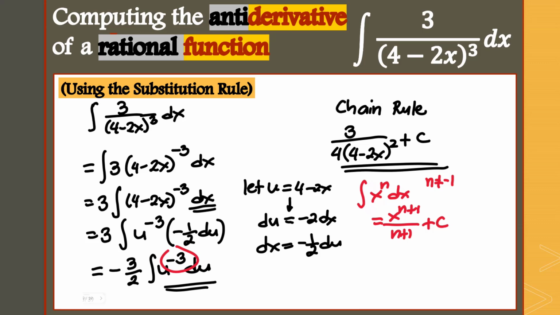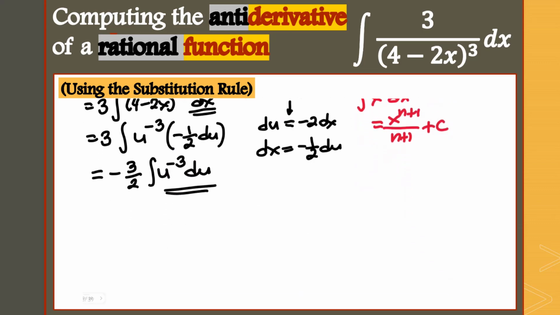It's negative 3 here. So using that, to continue, you have negative 3/2 as a constant outside times u to the power of negative 3 plus 1 over negative 3 plus 1, plus c. Or you could add plus c later on your own time.